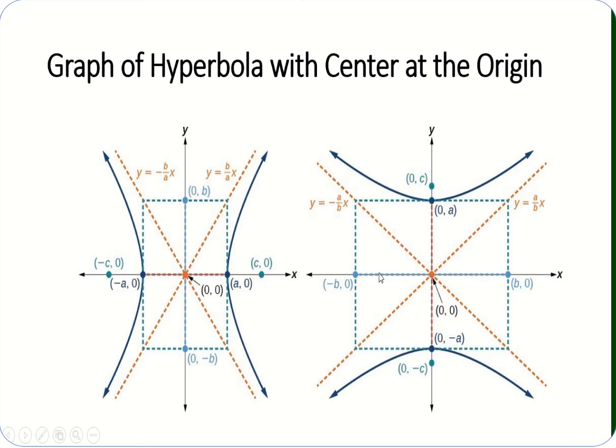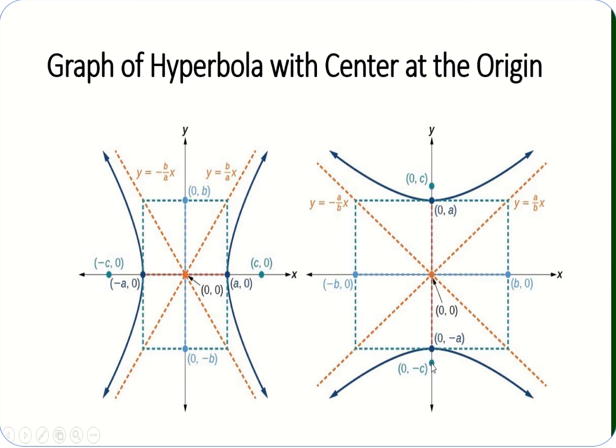And the same parts apply on the vertical graph. Okay? So we have here V sub 2, F sub 2, V sub 1, F sub 1.